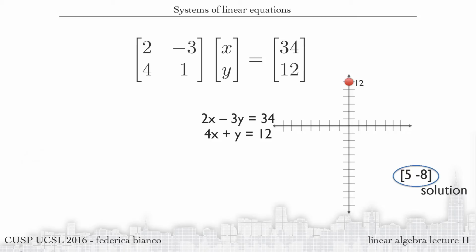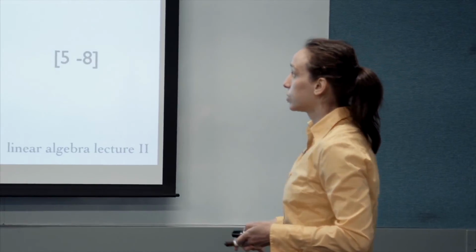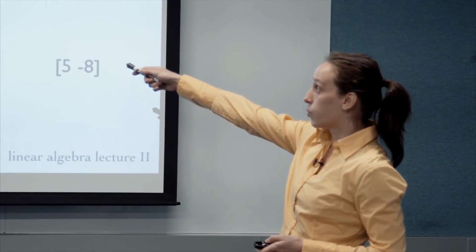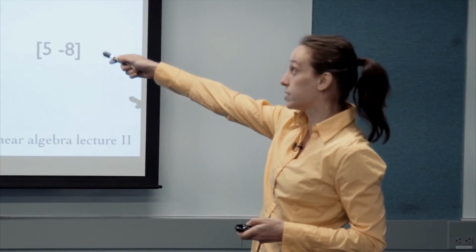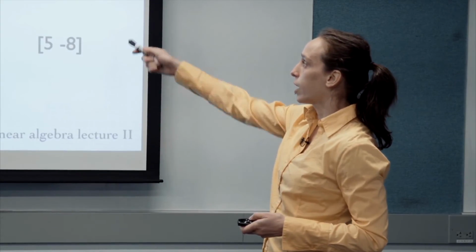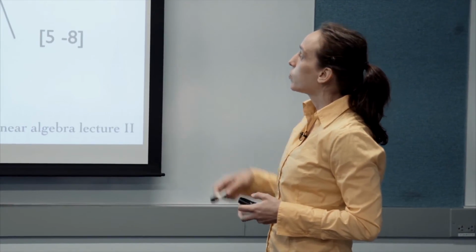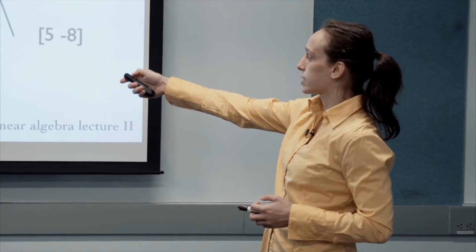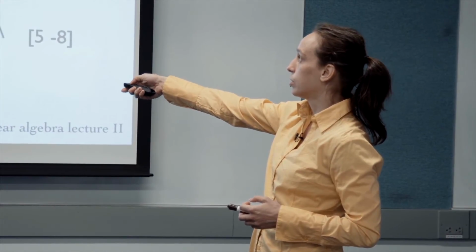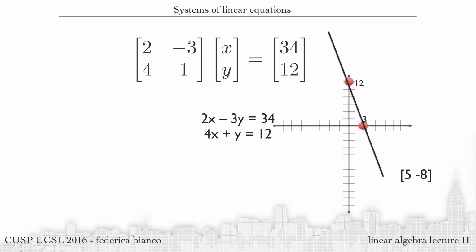So one of the points that satisfy this equation and belong to that line lives right here at x equal to 0 and y equal to 12. Let's see what happens when y is equal to 0. Then I have 4x equal to 12. So when y is equal to 0, the value of x that satisfies this equation is x equal to 3.